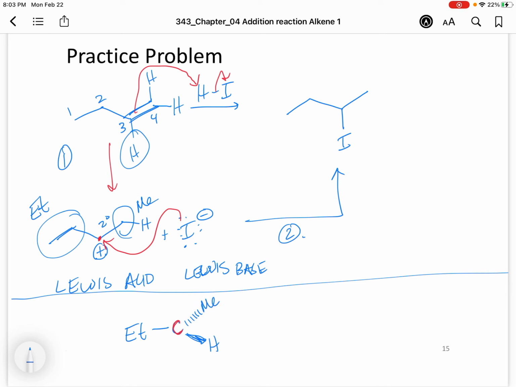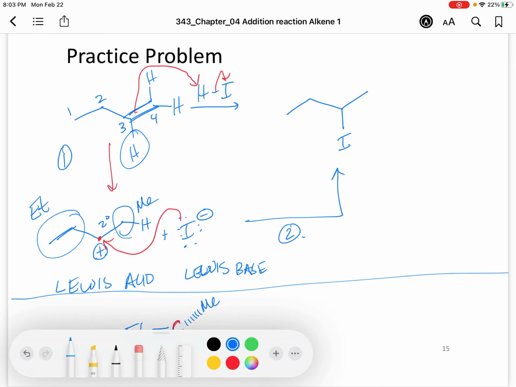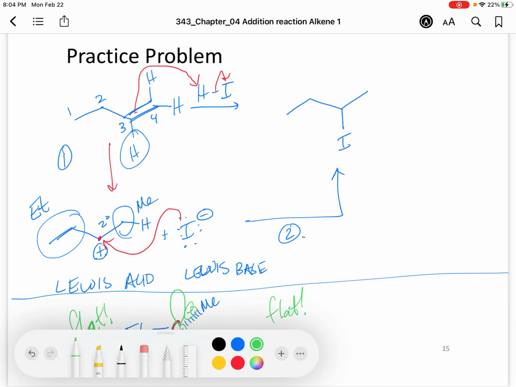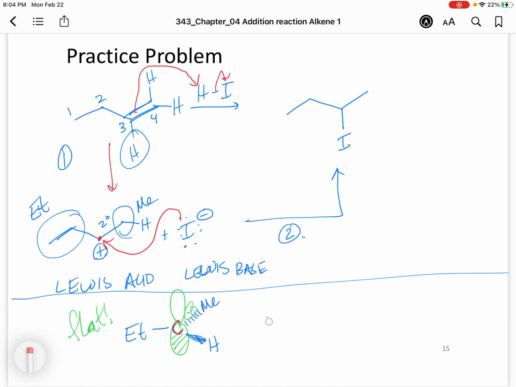So essentially I've just rotated it so that it's coming straight out towards us. And I'm going to draw this p orbital. This is our empty p orbital. This structure, this carbocation, is flat. I'm going to draw that over here. This carbocation is flat.